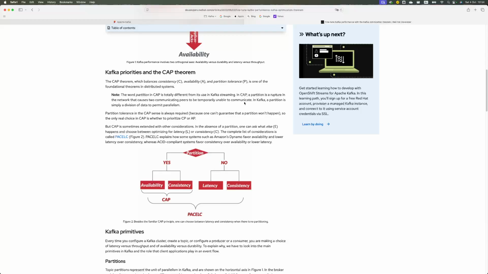So these are different things that you need to know. I recommend you go deep into distributed systems, because Kafka is a distributed system, right? So we need to understand how distributed systems work and the basic things behind Kafka.